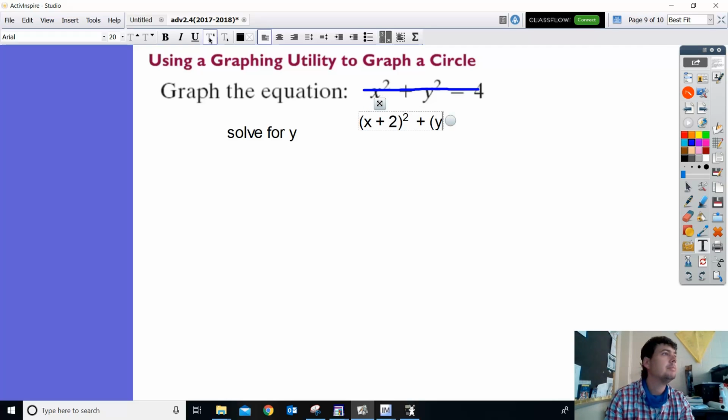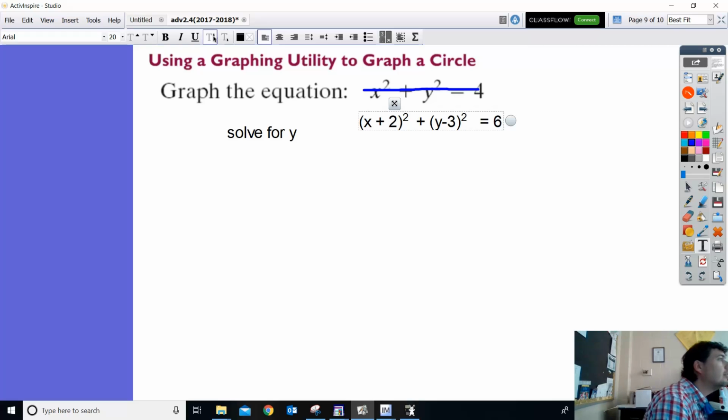Minus or plus? I think I heard a minus. Minus what? 3. What do you want it equal to? 6. Something you can't take the square root of. No, that's fine. We're going to do this in a calculator, aren't we? Who cares? Doesn't matter.